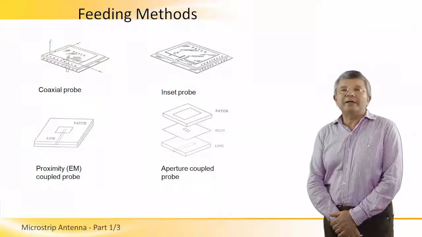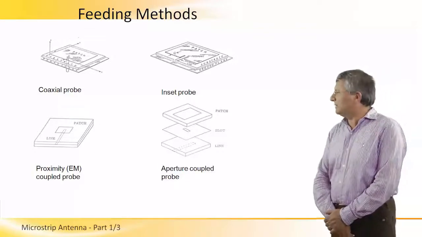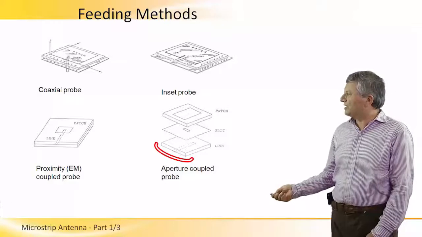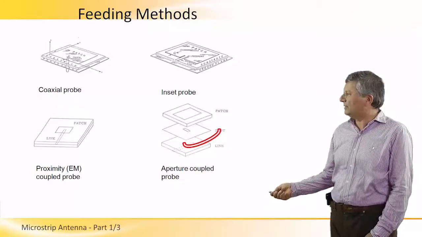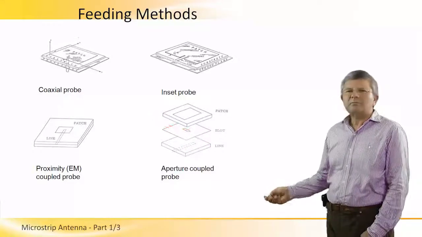A fourth way, which is also used for feeding microstrip antennas, is using a microstrip line which excites a slot, and this slot is exciting the cavity domain under the patch antenna.